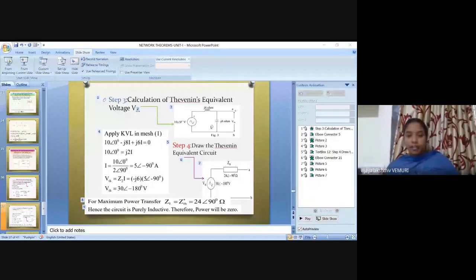But you don't have any real part, which is the resistance value. So this will be equal to VTH square divided by 4 into 0. So power is equal to 0.